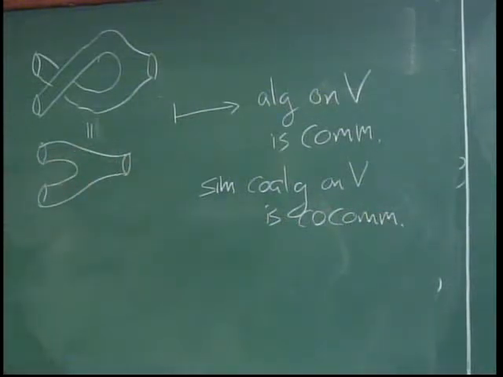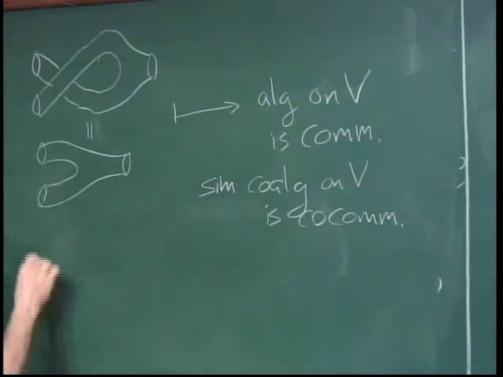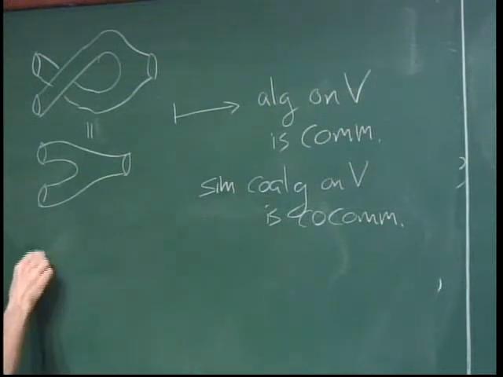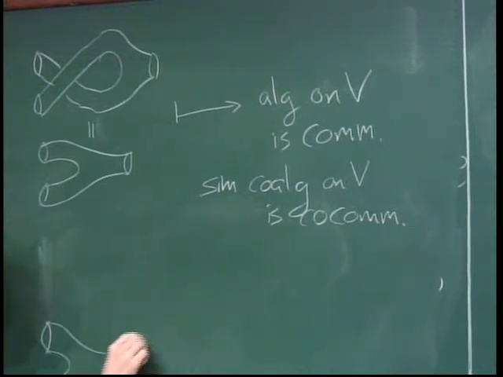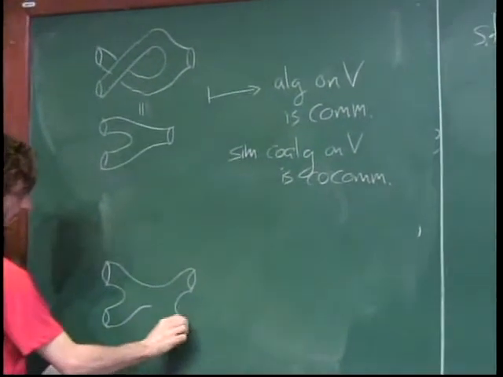Okay, so now let's think about how these 2 things interact with each other. Suppose I again have 2 circles. Let me draw this a little further down. If I have 2 circles, I can first multiply them together and then co-multiply back out.